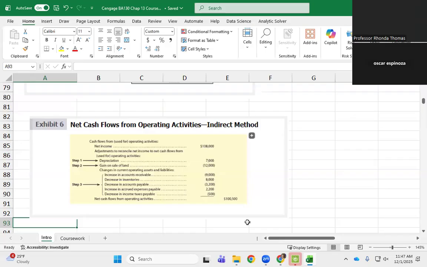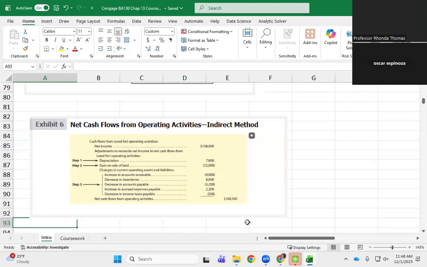So if you have a current asset that went up, then you subtract the change. If you have an asset that goes down, then you add the change. Okay, now that's kind of tough.